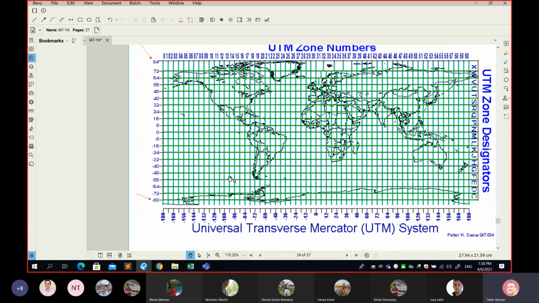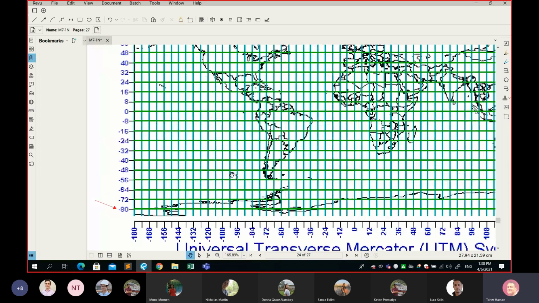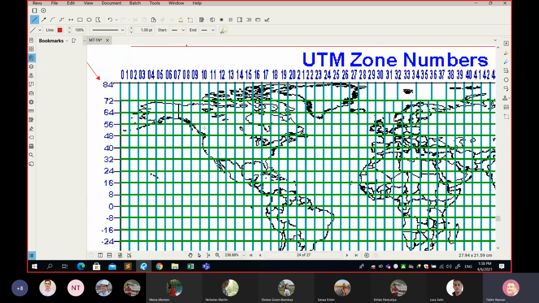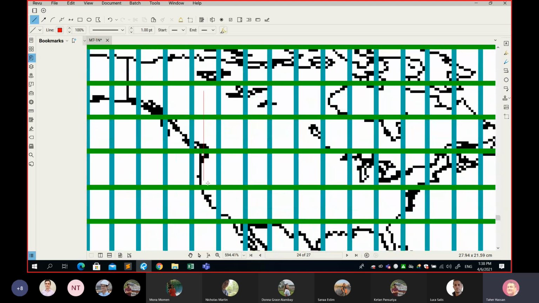So I'm going to draw for you. Here is my central meridian. Let's take one zone, for example. Here is my central meridian, the one in red. On the central meridian we have no distortion. And as we go a little bit to the east or to the west, what happens to my distortion?